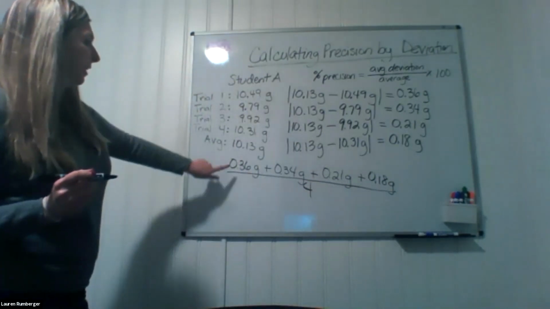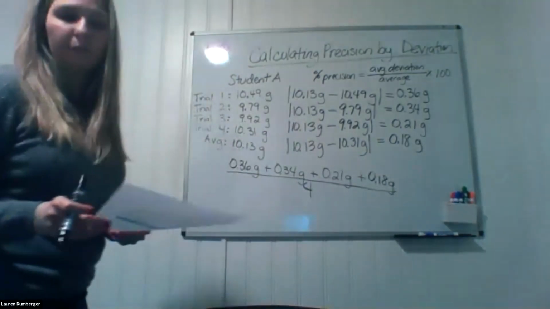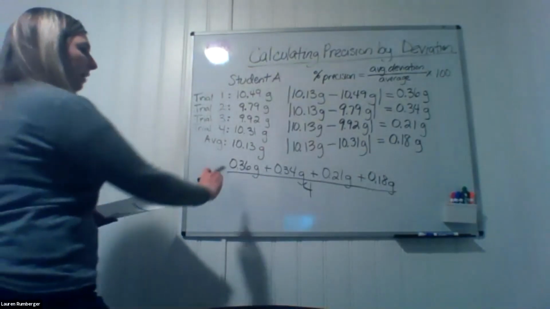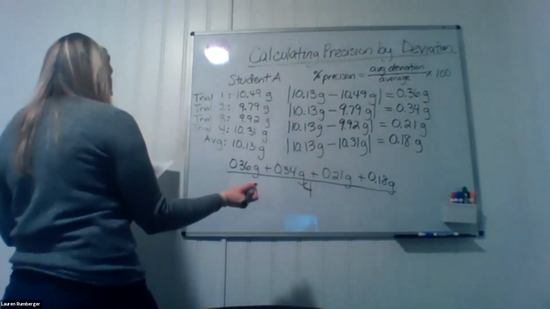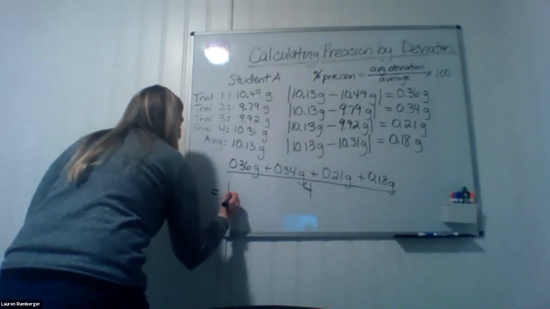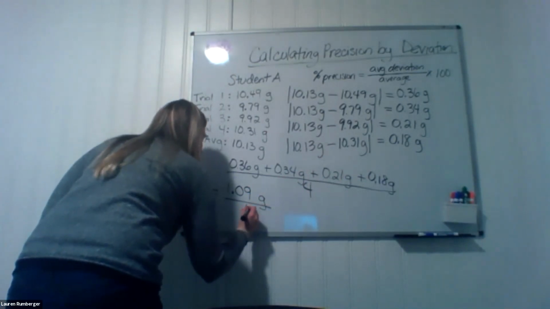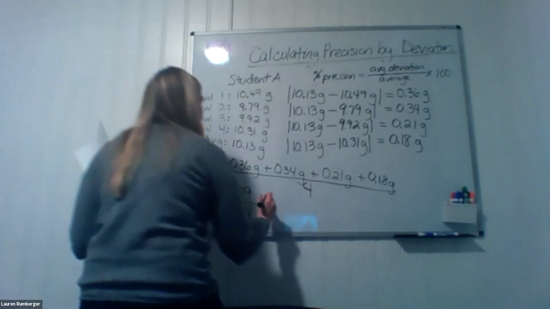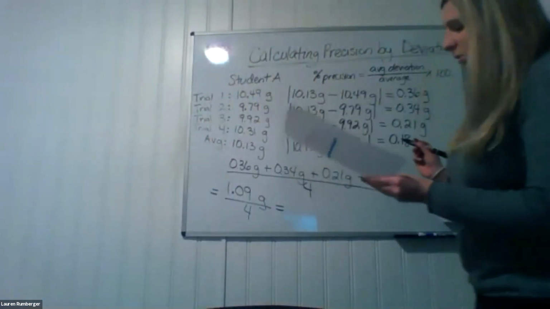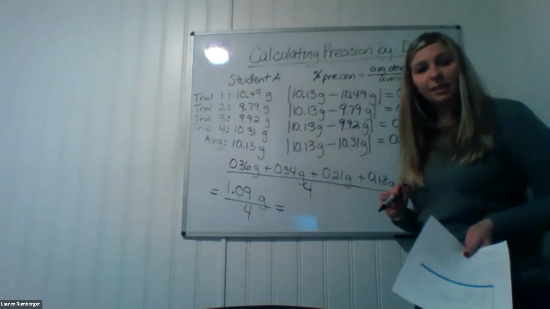What we're going to do is now add together the 4 measurements. So if you have your calculator, you can be doing this along with me. And what you should get for the top here, your numerator, would be 1.09 grams divided by 4. And then your final answer here, when we divide by 4, I'm going to be rounding it to 3 digits because our number here has 3 digits.